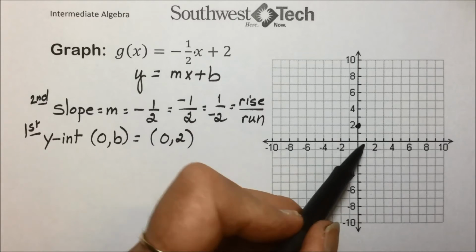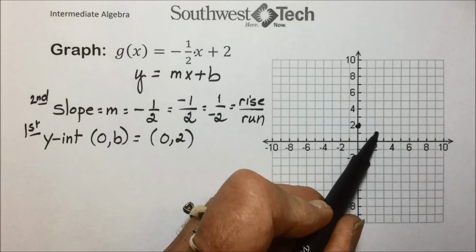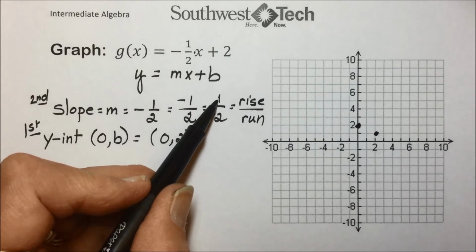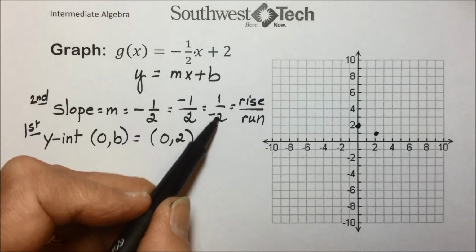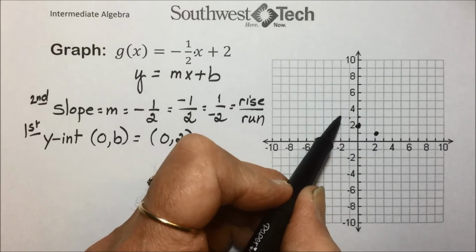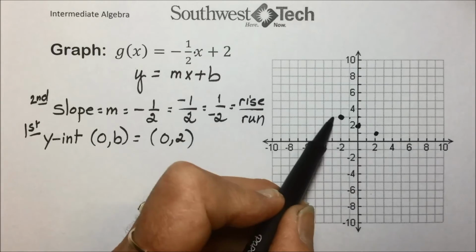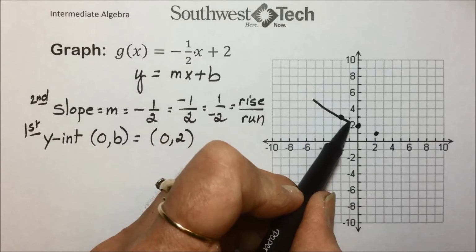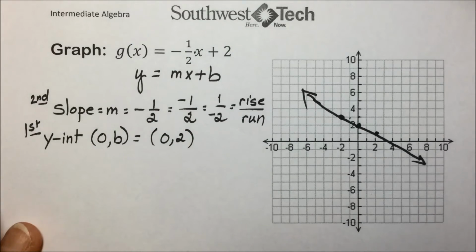A rise of a -1 means down 1 for every 2 that we run, or using this other option, a positive divided by a negative is a -1/2, and if we rise 1, we run to the left 2 with the negative there. And notice these points are all in a row. Connecting them, we have our straight line representation of the infinite number of solutions to this equation.